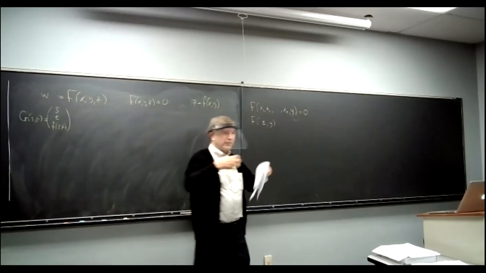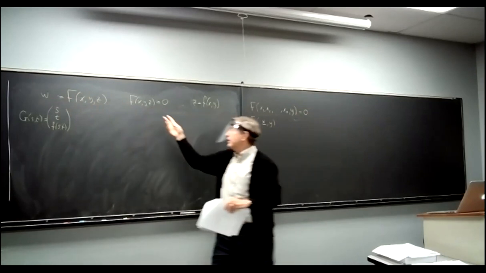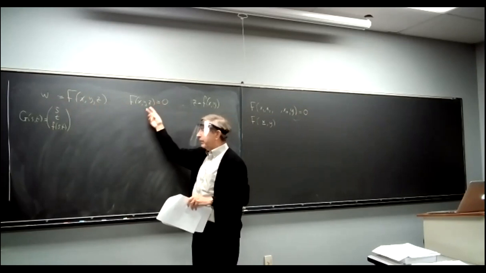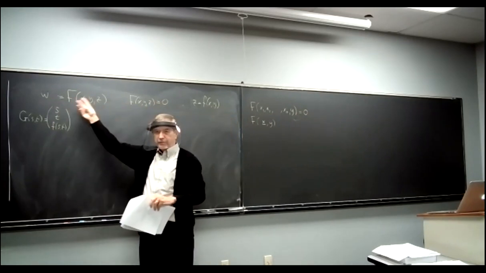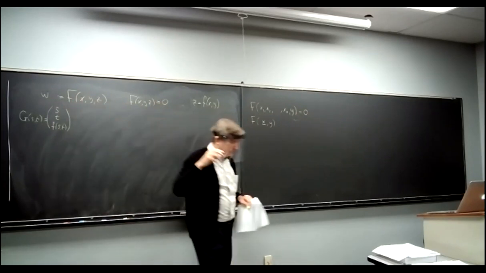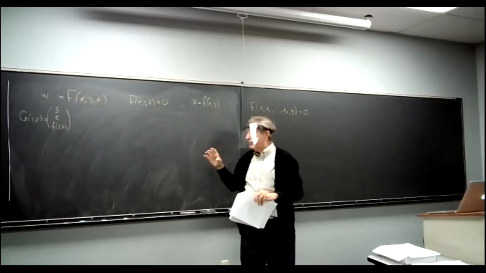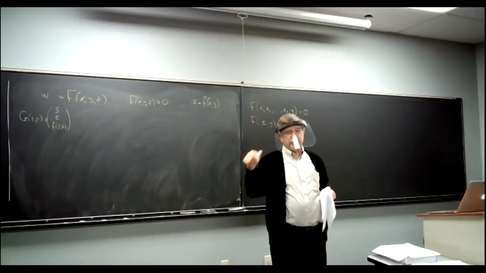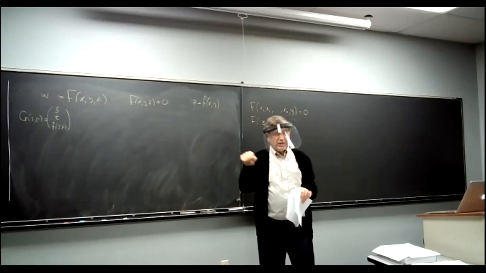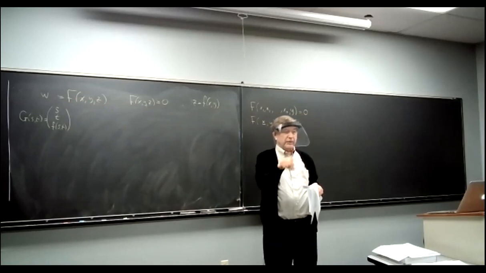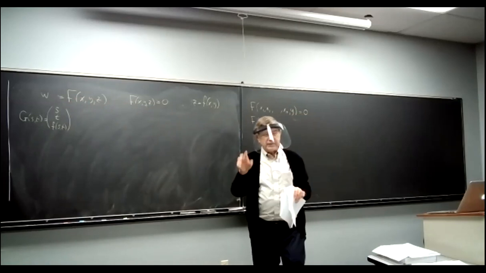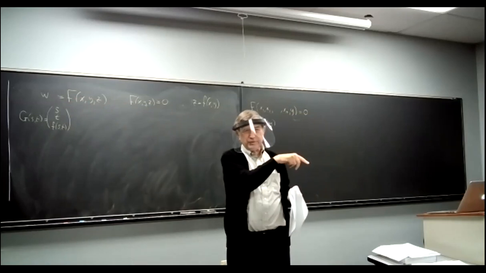One's kind of a part of the other. This is true for a certain number of things for a general function. A circle, for example, x squared plus y squared is 1. We can write that as f of x, y equals x squared plus y squared equals 1, or we can write it as x squared plus y squared minus 1 equals 0.